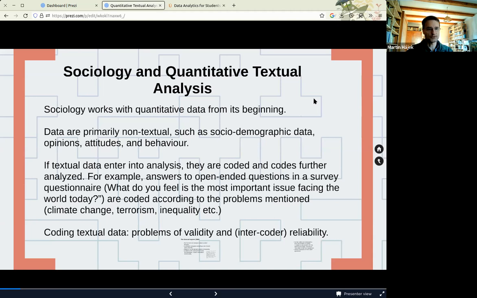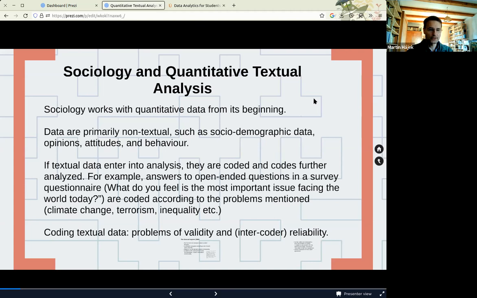These are open-ended questions, and they are coded, and afterwards further analyzed. So the text is not analyzed as such, but first the natural text is transformed into codes, and next codes are counted and enter the statistical analysis.